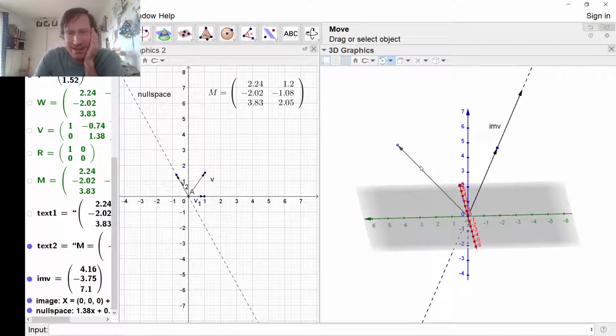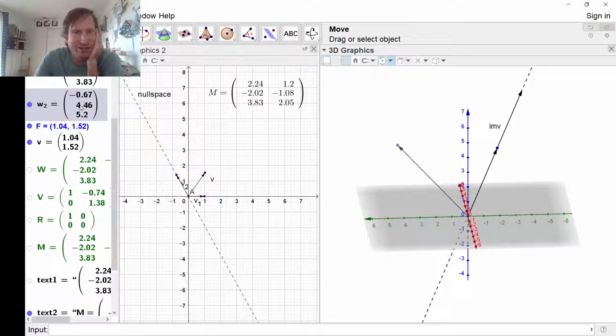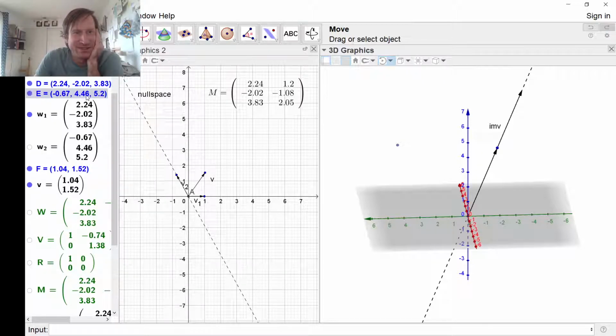So this vector here, I don't know what that vector is. That shouldn't be showing right now. Which vector is that? That's W2. So this should be showing. Why is it showing? There. Now it's not showing. And for some reason this point is showing. Let's see if we can make that point disappear. Okay.